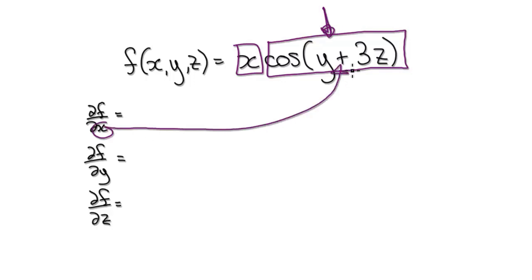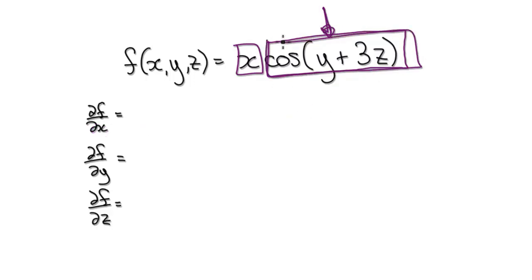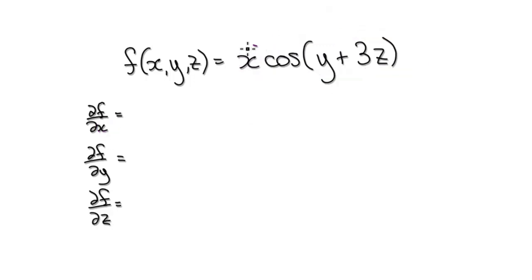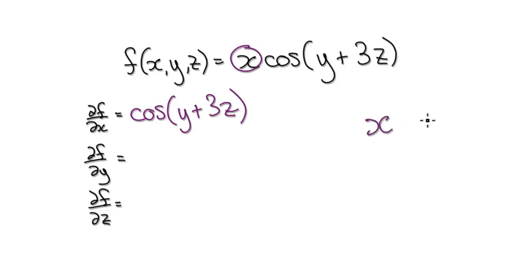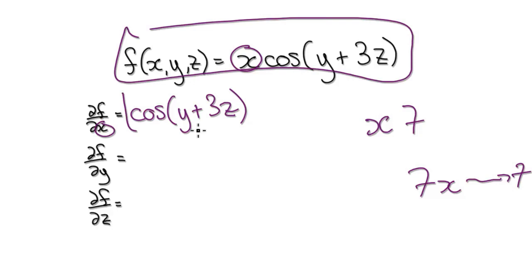So when you differentiate it with respect to x, it would just be cos of y plus 3z. Because it's like me asking you to differentiate 7x. When you differentiate it, it would just be 7. Anyway, differentiating this function with respect to x will give you this.